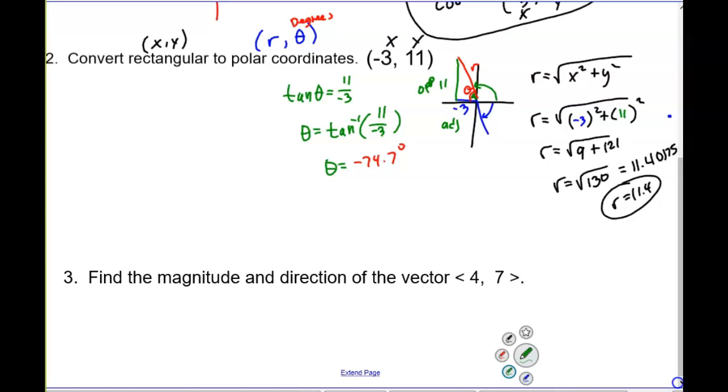So I do know that this answer right here is the size of that reference angle. What I need to do is take 180 and subtract the reference angle of 74.7, because that'll give me the angle measure that I need. And I think that's 105.3.